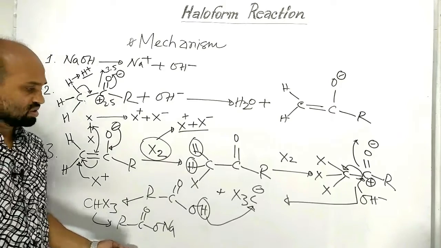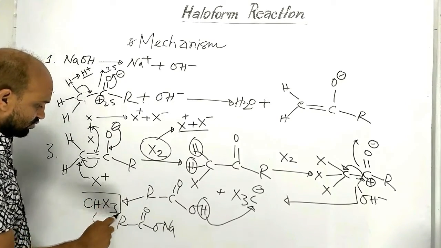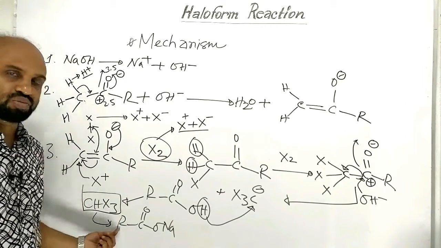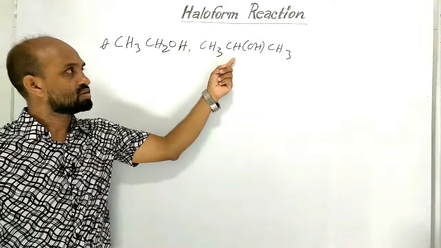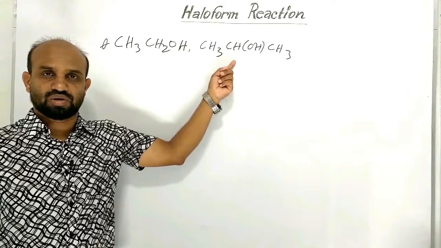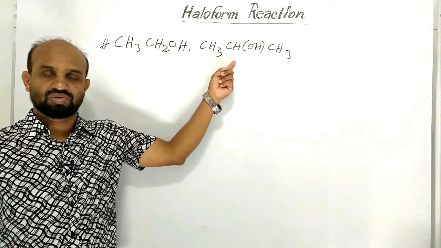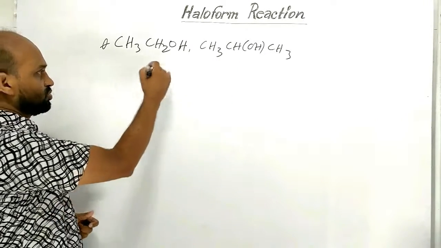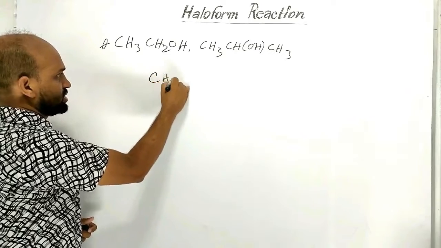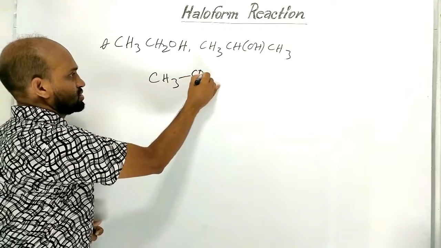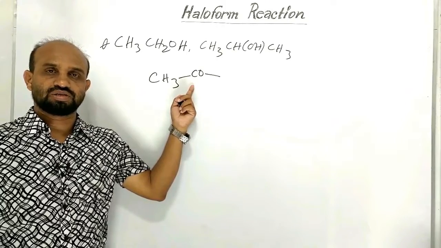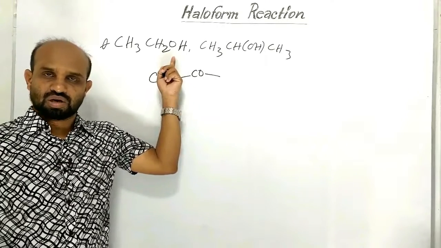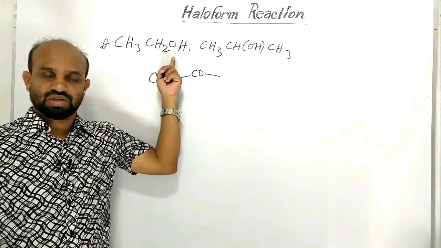In this way, haloform is produced. Ethanol and 2-hydroxypropane, a secondary alcohol. Though these compounds do not contain methyl carbonyl group, nevertheless these compounds undergo haloform reaction in this way.